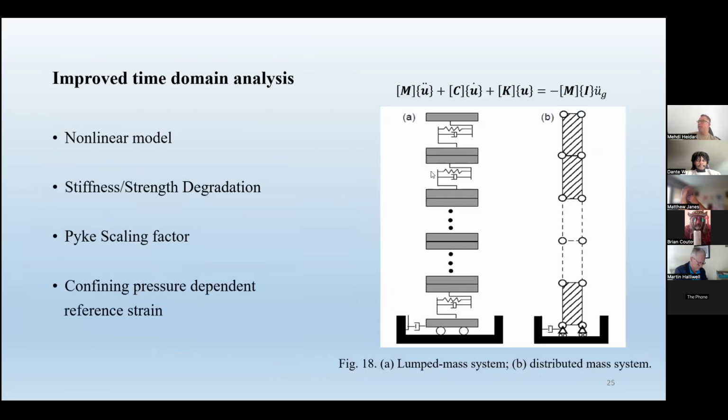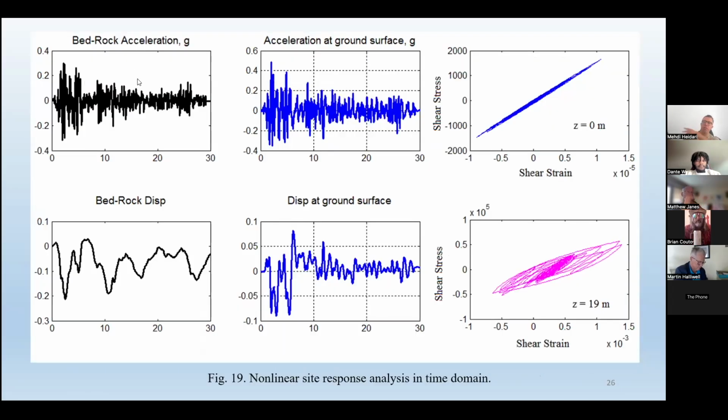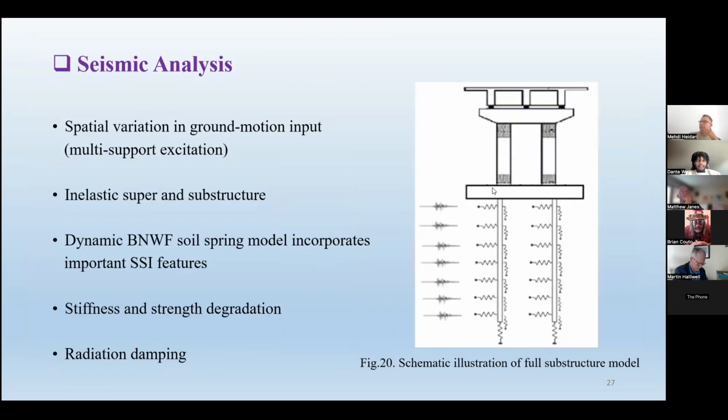We can also use this for the full seismic load when it comes to modeling different types of responses for free field. This is what I was talking about, multi-excitation or multi-support excitation when it comes to earthquake.